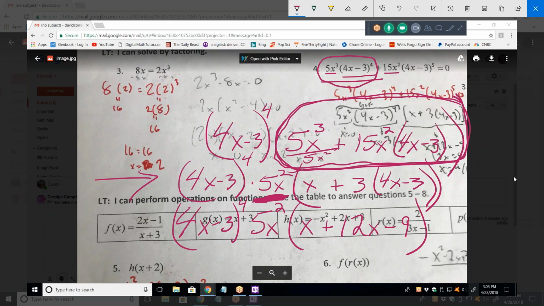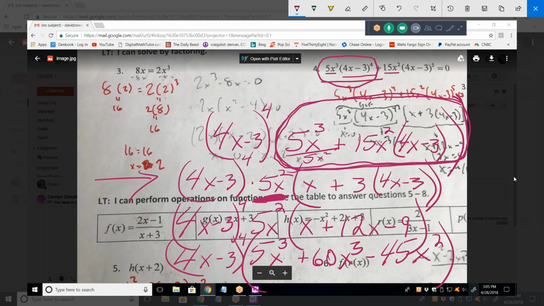Yeah. Okay. Now, might as well distribute that, I think. Yeah, so we end up with 4x minus 3 to the fourth times 5x cubed plus 60x cubed minus 45x squared, all that's in parentheses.